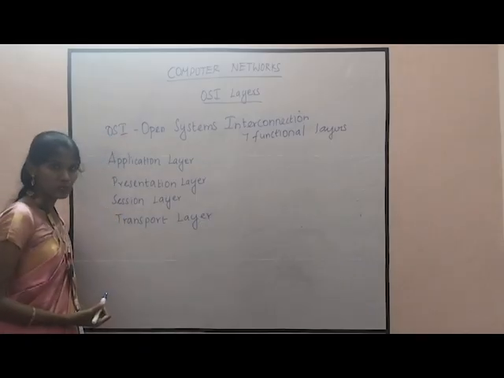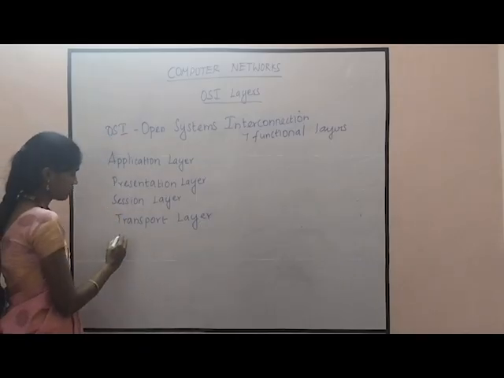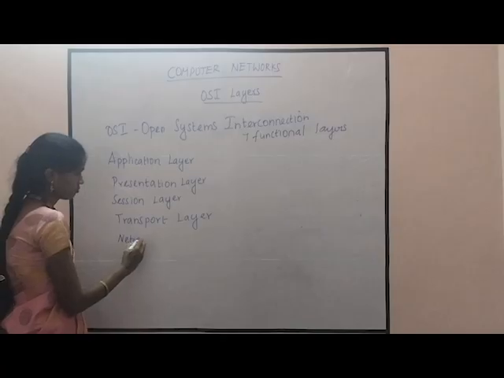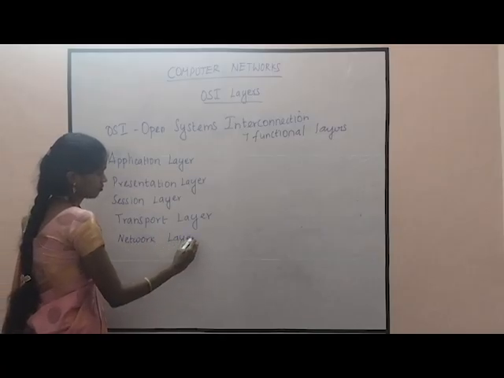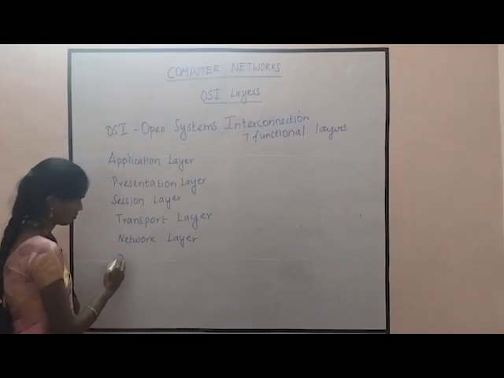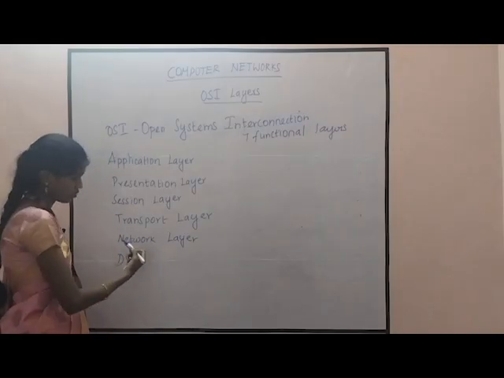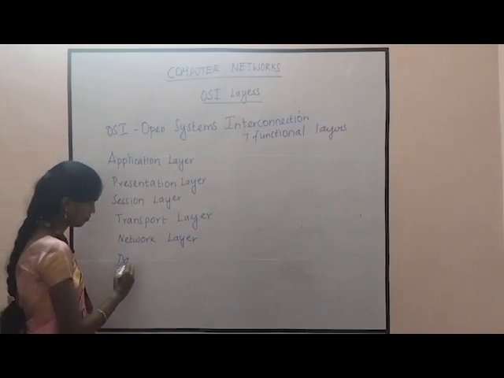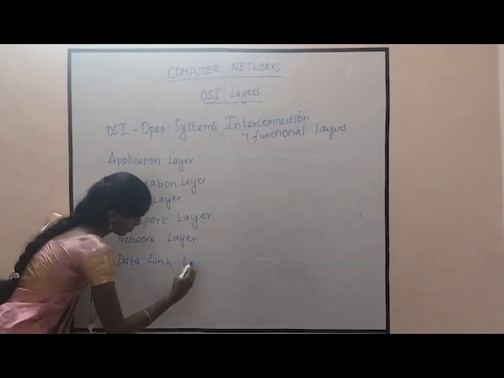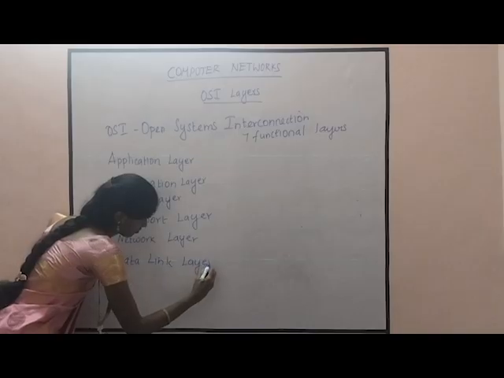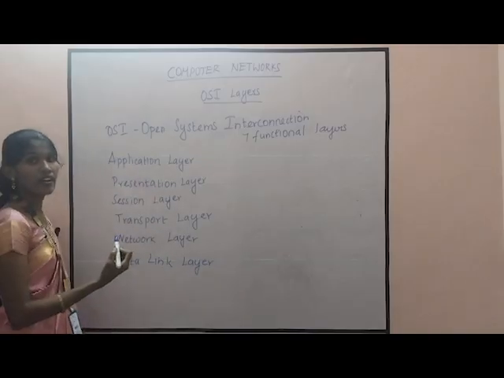Fourth one is the transport layer. The next one is the network layer. Next one is the data link layer. The last one is the physical layer.